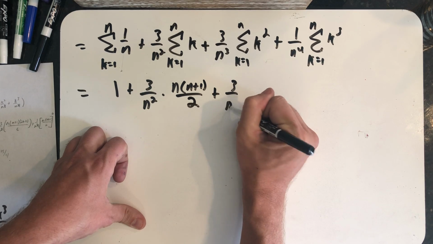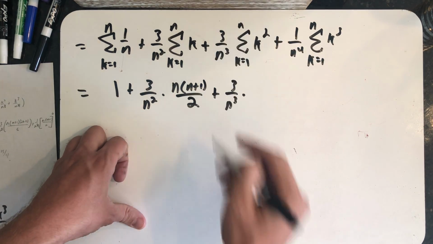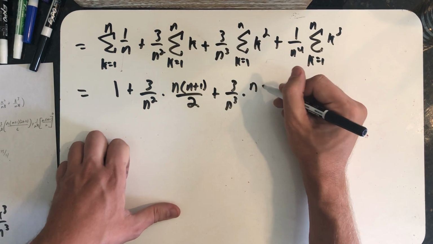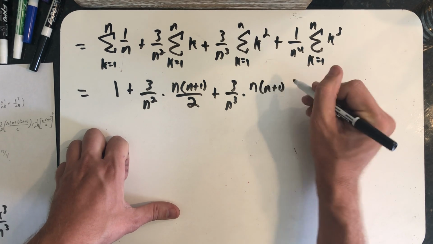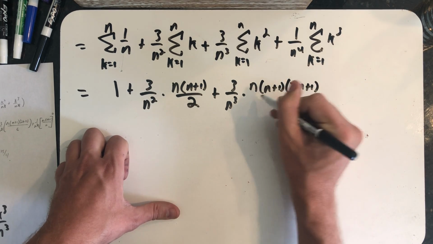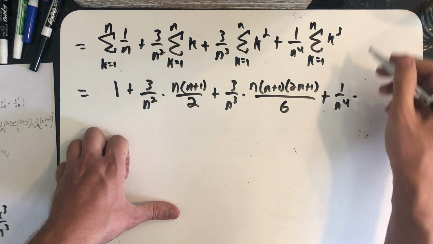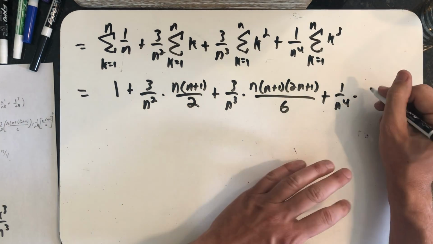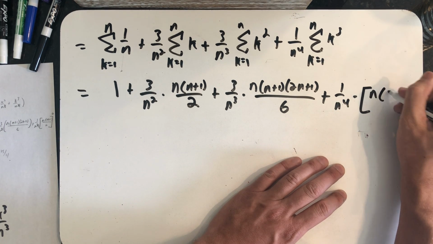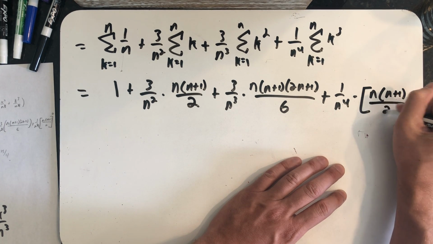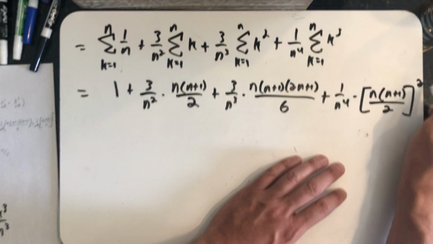Plus 3 over n cubed times the sum of the first n squares, which is n times n plus 1 times 2n plus 1 all over 6. Plus 1 over n to the 4th times the sum of the first n cubes, which is n times n plus 1 all over 2, squared.